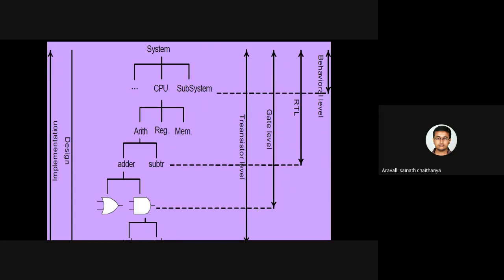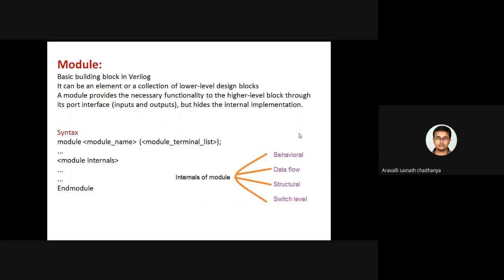Whenever we have simply transistors in our design, it is always preferable to develop with transistor level or switch level abstraction. And in between the subsystems, or between the adder and subtractor, we can go with the dataflow abstraction level, as I indicated in the previous slide. Like this: behavioral, dataflow, structural, and switch level.